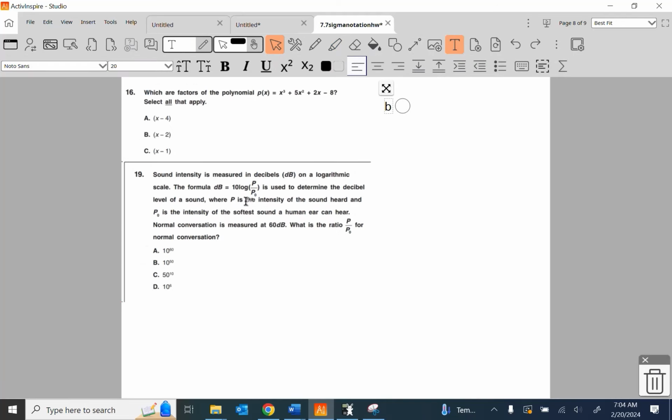So this 60 dB goes right there. So 60 equals 10 log of P over P0. Oh, I put that in the wrong spot.